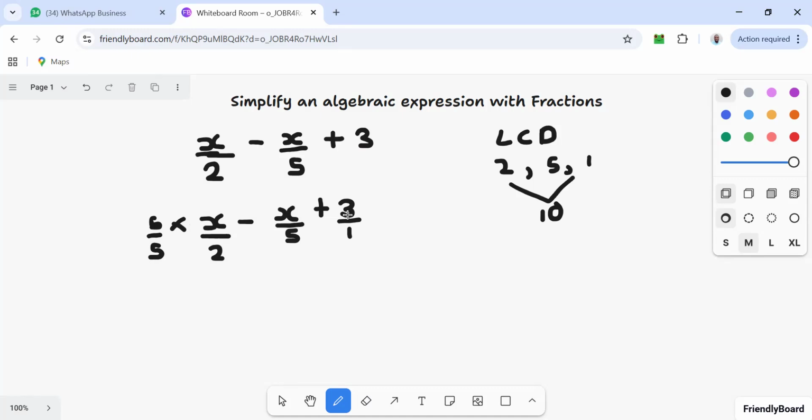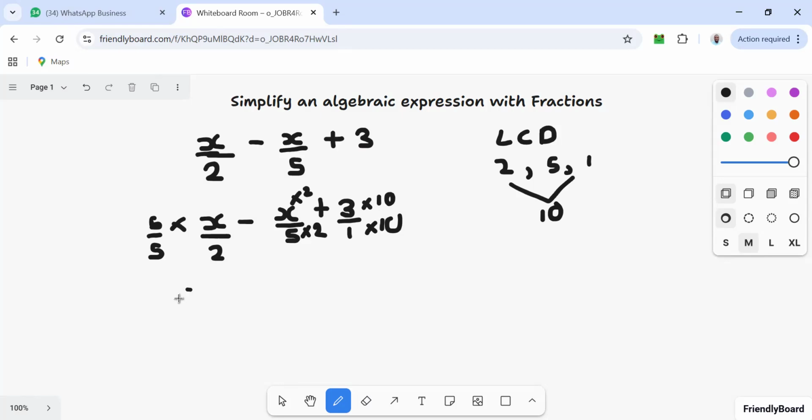Then here I can multiply by 2 and 2. And on 3, I'll just multiply by 10 and 10. Yeah, so that's how you convert all the terms to equivalent fractions with denominators equal to 10.